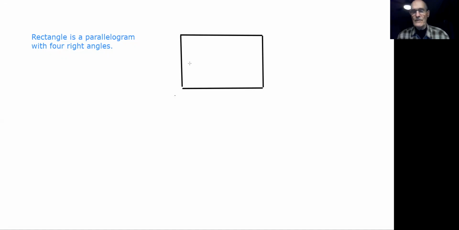Now, the thing about a rectangle, we know it's a parallelogram with 4 right angles.